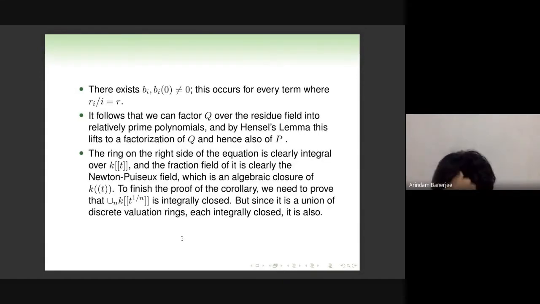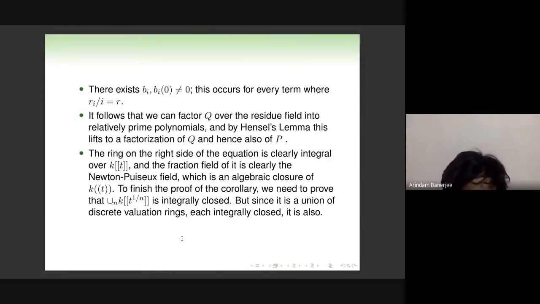After this, we prove the corollary, where we essentially prove that result for the absolute integral closure of the polynomial ring in one variable. The ring on the right-hand side is clearly integral over k[[t]], and the fraction field of it is clearly the Newton-Puiseux field, which is an algebraic closure of that. I think these two are fairly clear.